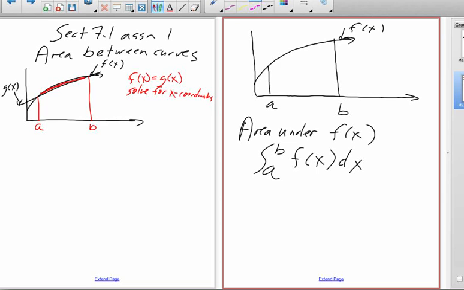And that is this area right here, which, as you can see, includes part of the area we're interested in, which is this red area up here.